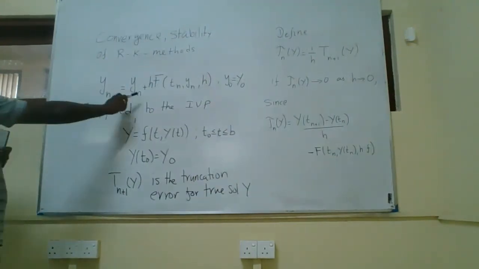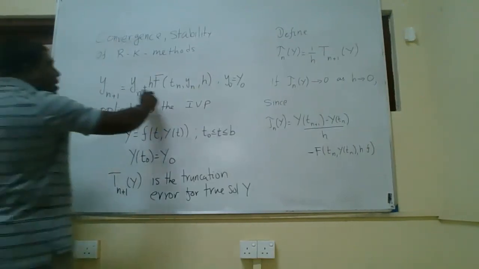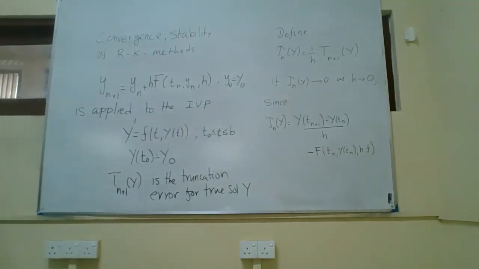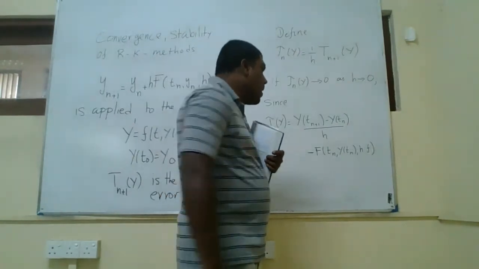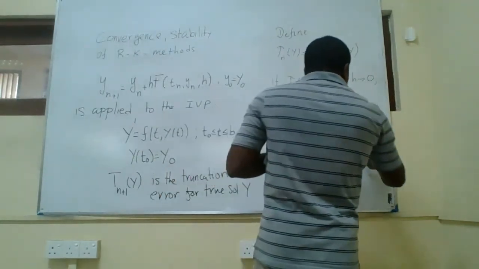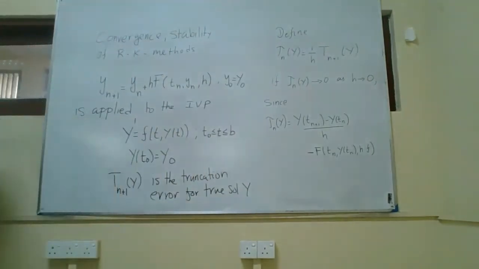So Y_{n+1} minus capital Y_n, minus h times this, right? When you divide everything by h, this is what you have here. And remember, this capital F depends on where the small f is defined, because capital F is basically a composition of functions small f.